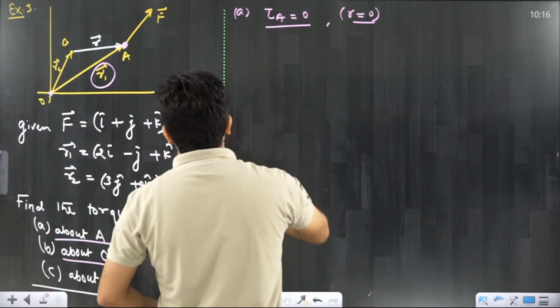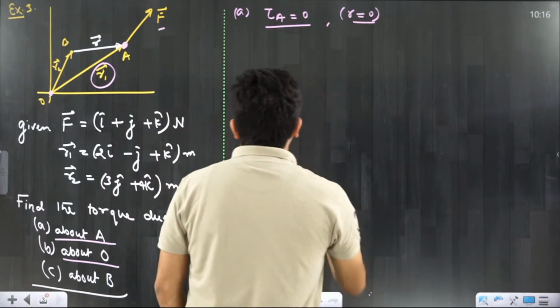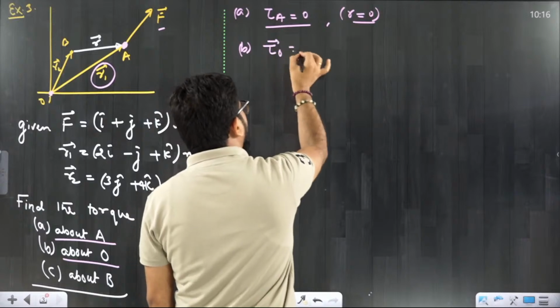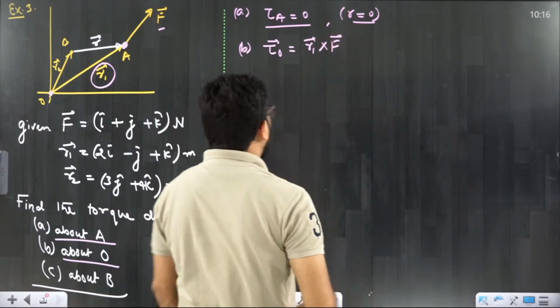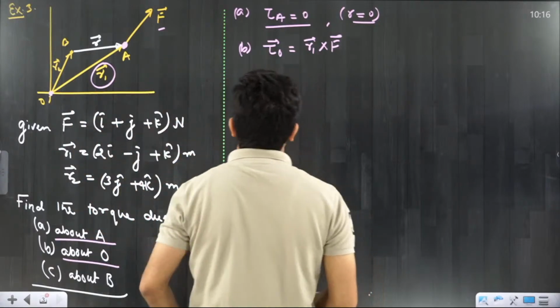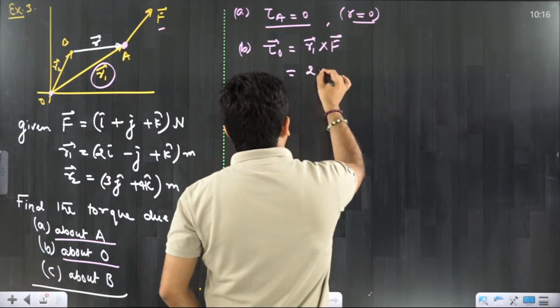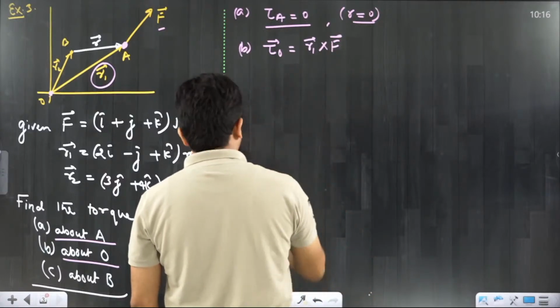So R1 we have to apply, force we have to know, then we can calculate directly. The torque about O is nothing else but R1 cross F vector. R1 is given to you, F is given to you, put it, you will get the answer. What is R1? R1 is given to you as 2I cap. Okay, I am just writing the torque calculation here.